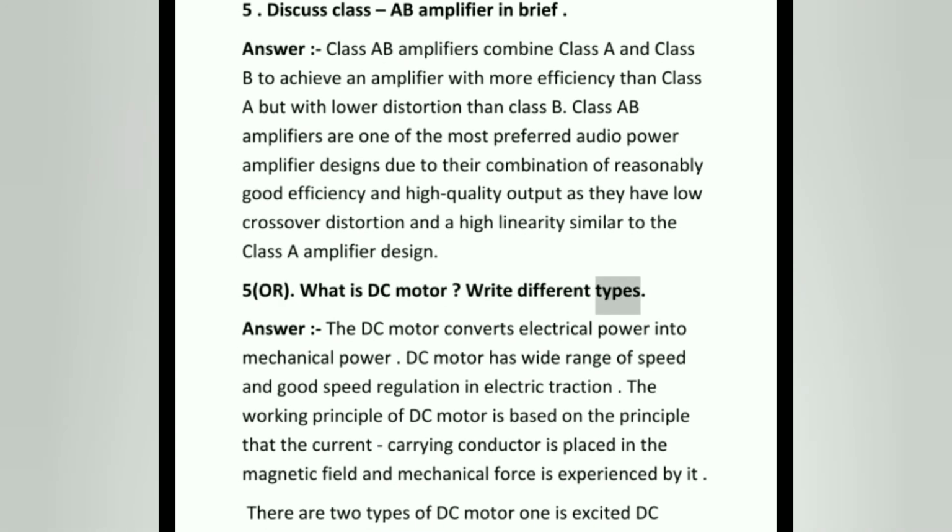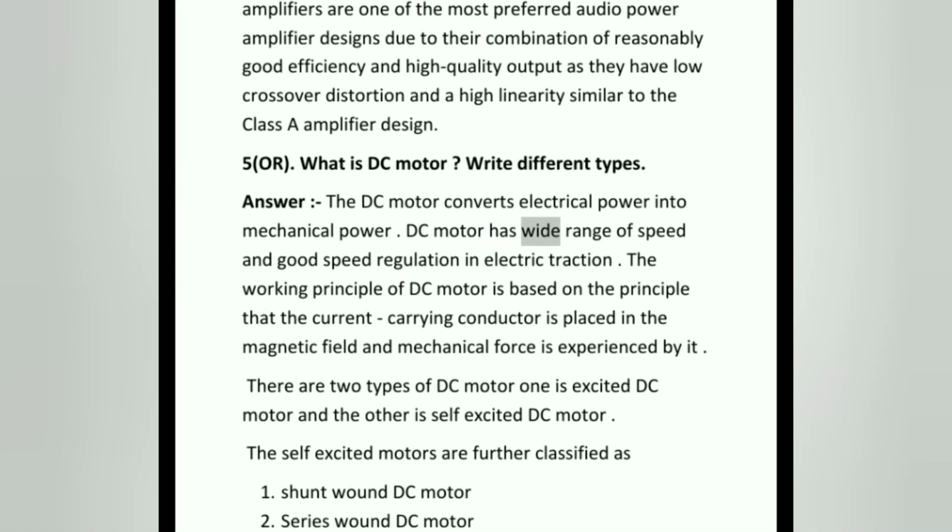5. What is DC motor? Write different types. Answer: The DC motor converts electrical power into mechanical power. DC motor has wide range of speed and good speed regulation in electric traction. The working principle of DC motor is based on the principle that when a current carrying conductor is placed in a magnetic field, mechanical force is experienced by it.